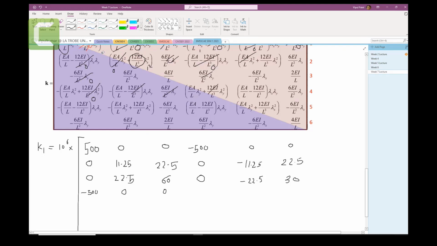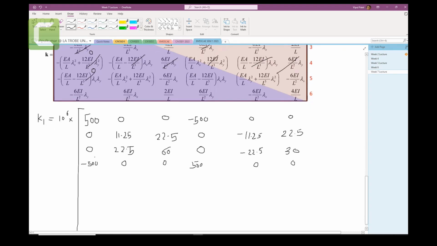Lambda y is 0, EA on L lambda x square, which is 500. This whole thing 0. This one 0, we have minus sign outside, so minus 12 EI on L cubed, 11.25. 6 EI, this one we have minus 11.25, so we have 22.5. This one 0, this one 0.